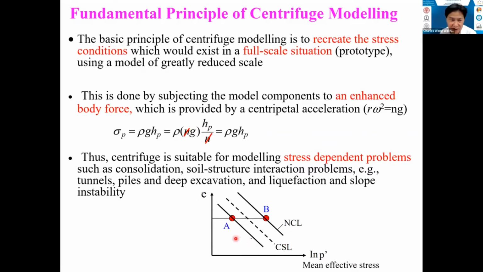For specimens A and B, they have the same void ratio, that means the same density. But if we carry out a model test at 1g in the lab, that means low stress, here A, then the soil may dilate to the critical state line.